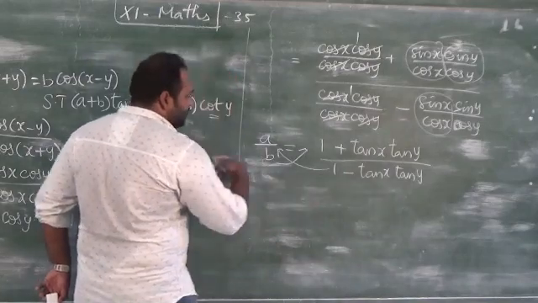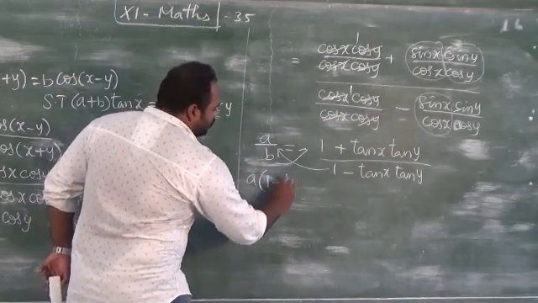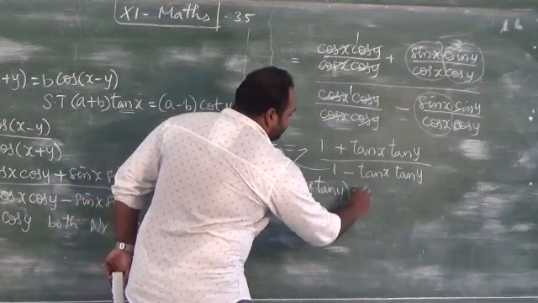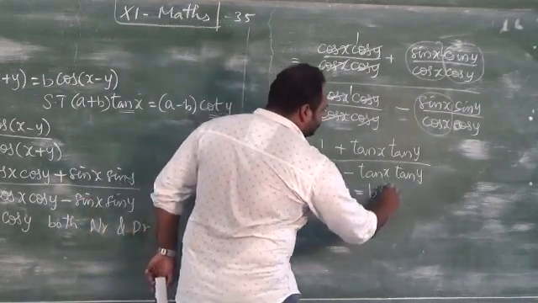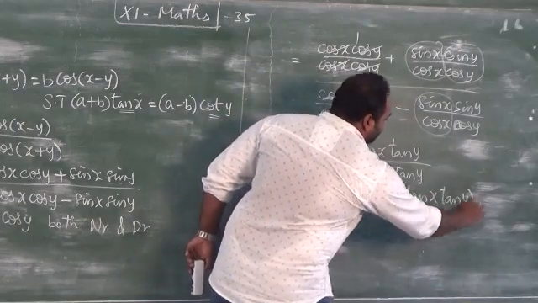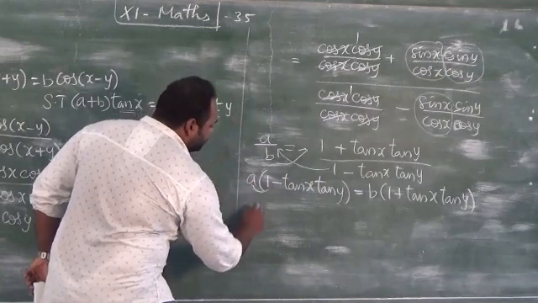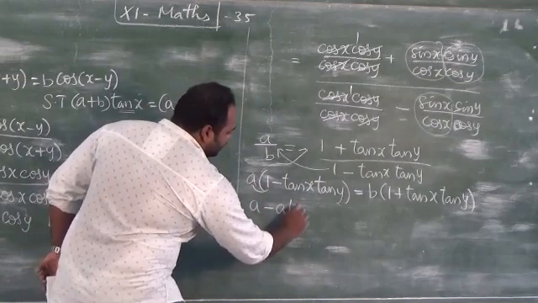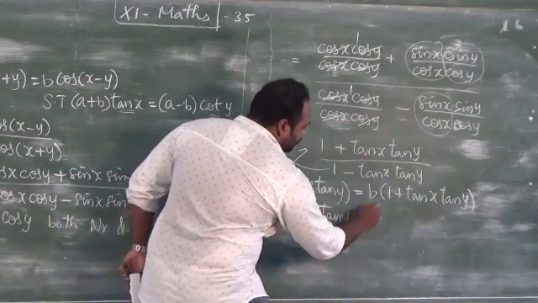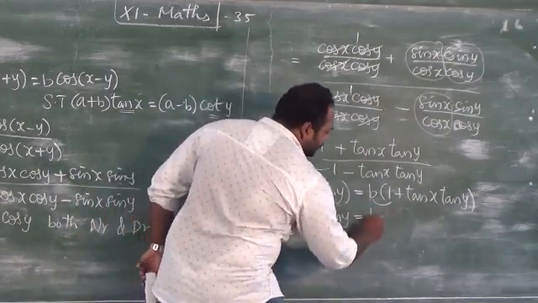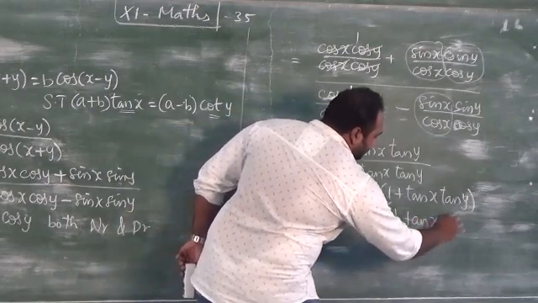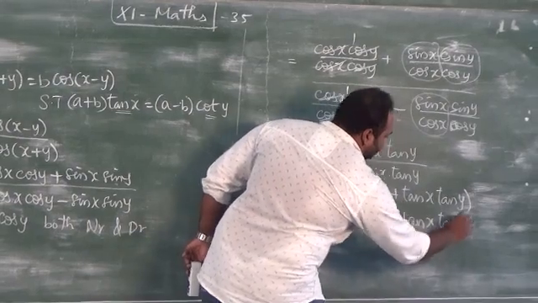Denominator to this side: A(1 − tan x tan y) = B(1 + tan x tan y). Now multiply inside: A − A tan x tan y = B + B tan x tan y.